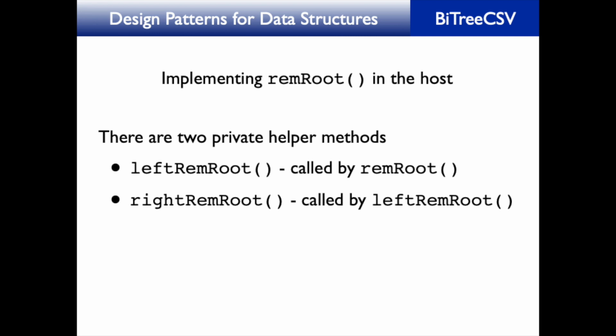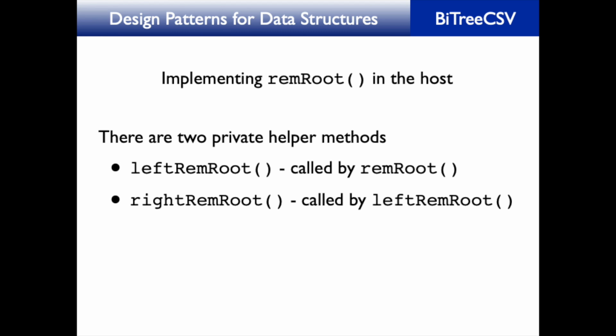The current version of the DP4DS distribution implements remroot without using the isEmpty plugin. Instead, it uses 2 helper methods, left remroot and right remroot, which use polymorphic dispatch instead of using the isEmpty plugin. And the implementation of remroot is an exercise for the student.